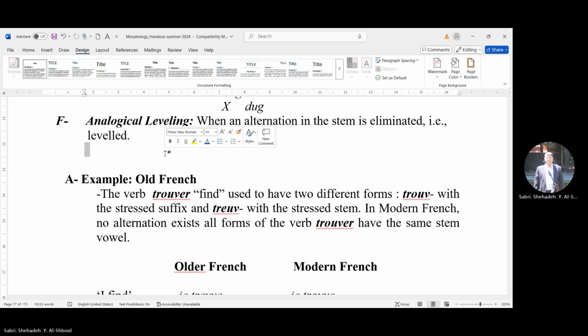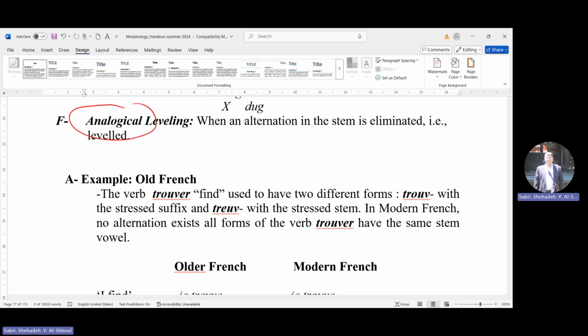So leveling indicates the disappearance of differences, and the elimination of these differences is triggered, and constrained, by analogy.